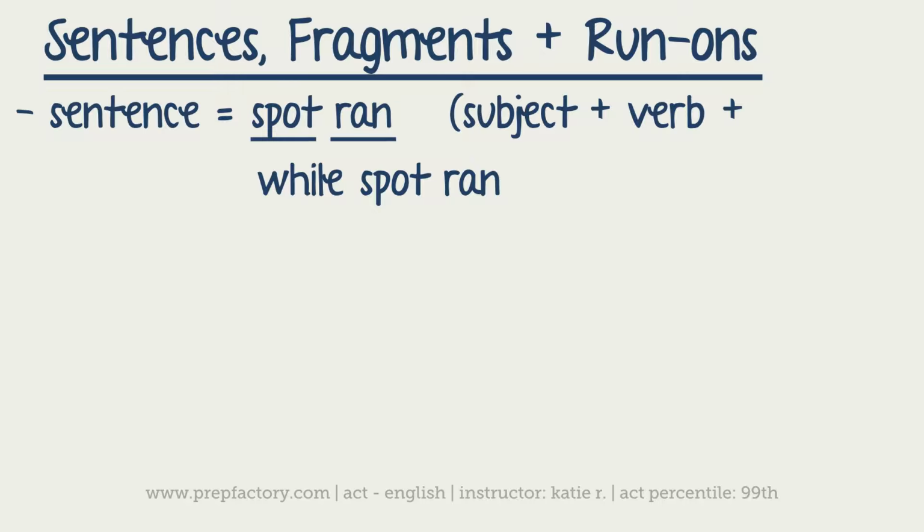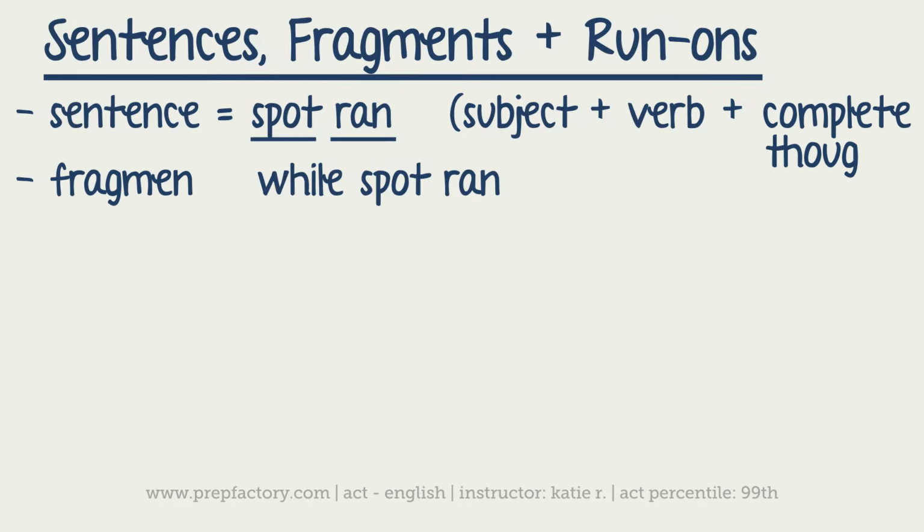However, with the addition of the word "while," we now are not expressing a complete thought. So in our original sentence, we have a subject, a verb, and a complete thought. For that reason, "while Spot ran" is a fragment, and "Spot ran" is a sentence.